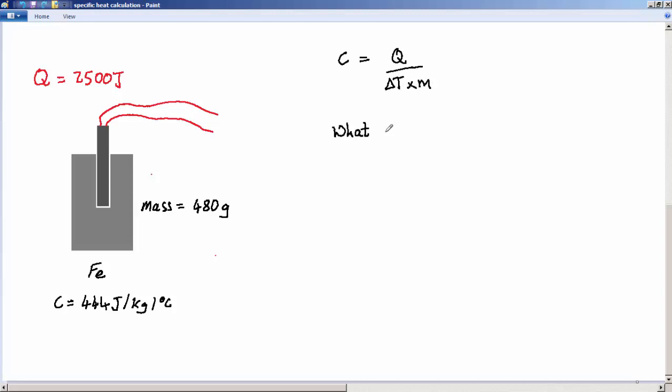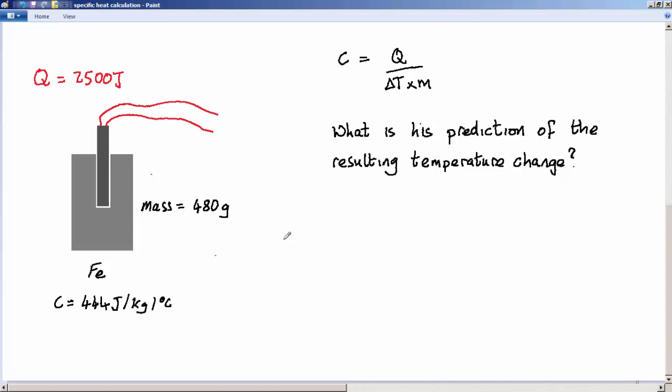And so you're asked here, what is his prediction of the resulting temperature change, based on the information that he's got at hand? So you rearrange the formula and you write delta T is equal to Q over C times M.